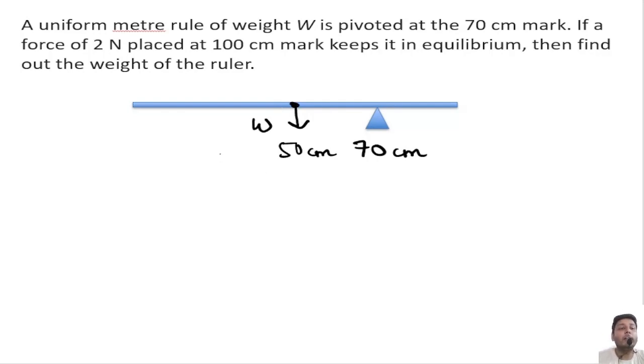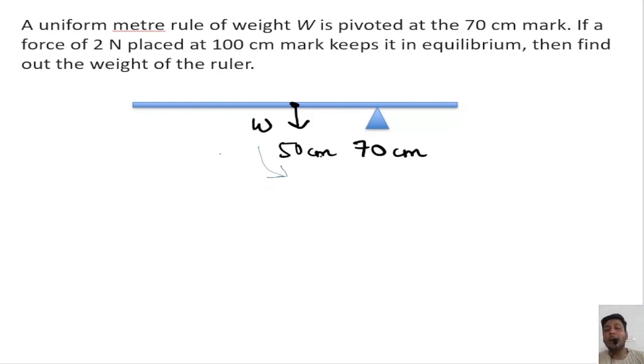It will give an anti-clockwise moment, because weight is in the downward direction. It will tend to move the ruler in the anti-clockwise direction.